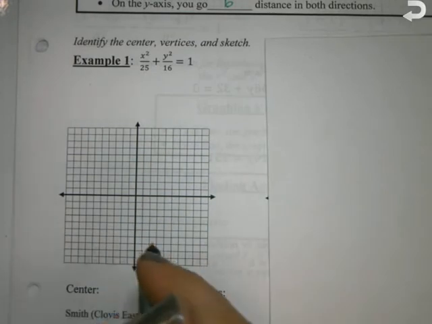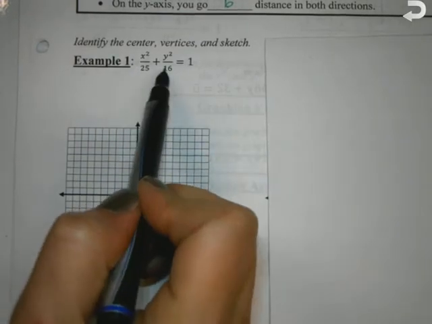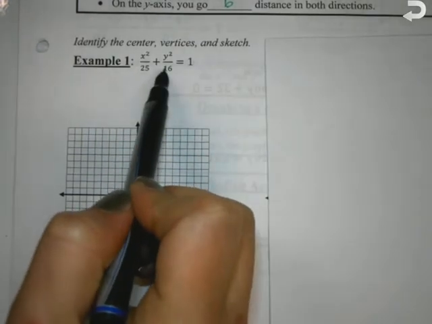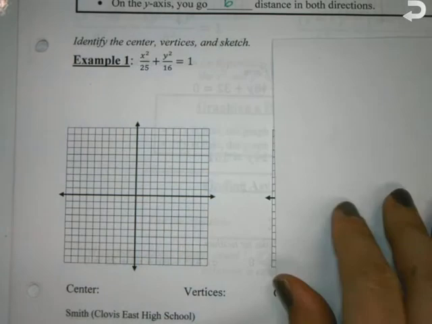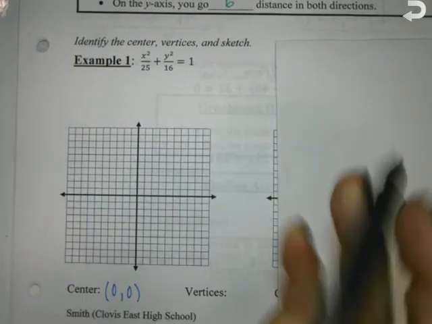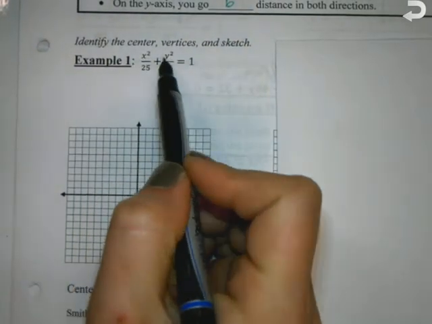No, not quite. These are a's and b's, not h's and k's. 0 and 0. So the center is 0, 0. Remember, h's and k's are attached to the x and y's.